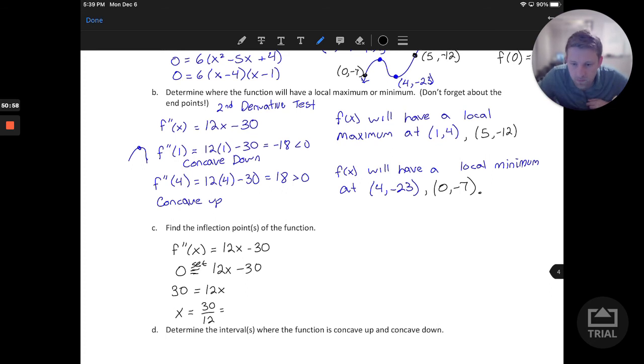For us, looks like we can reduce that a bit here. Looks like each of those values reduced by 3. That'll give us 10 over 4, or we could say that's 2.5, 2.5 for that inflection point.